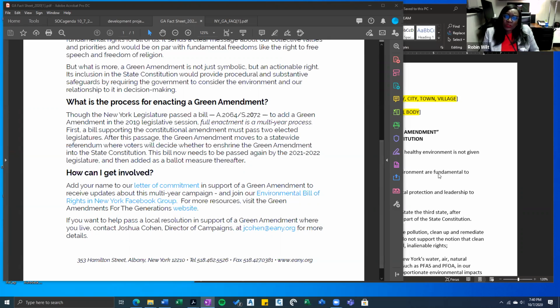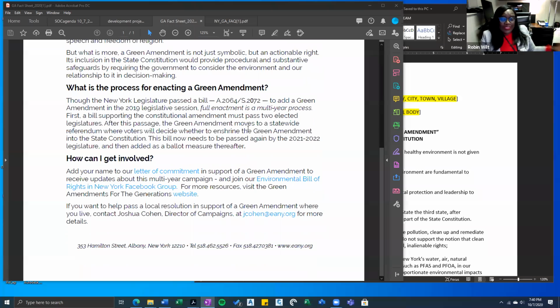We're looking to have the newly elected legislature in 2021 pass the same bill, and that is the second passage. Then the Green Amendment can be presented to voters as a referendum on the ballot. Now, the reason we're having municipalities and counties write encouraging resolutions is because when the legislature took action in 2019, it was not going to result in a referendum on the ballot.